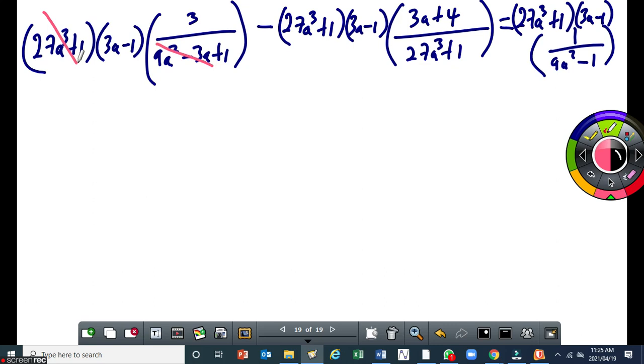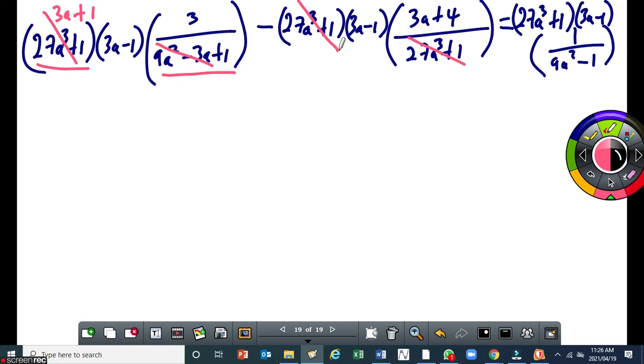Since it is a factor, if I divide the sum of two cubes by the trinomial 9a squared minus 3a plus 1, I will get 3a plus 1. Do you agree with me there? Yes, sir. Right, then let's move on to the next one. The next one is straightforward. These two are going to cancel out.